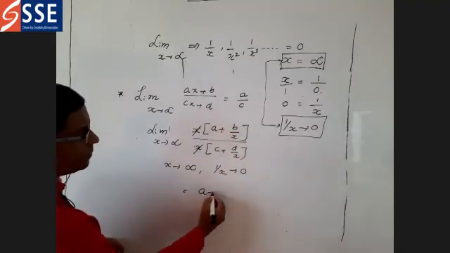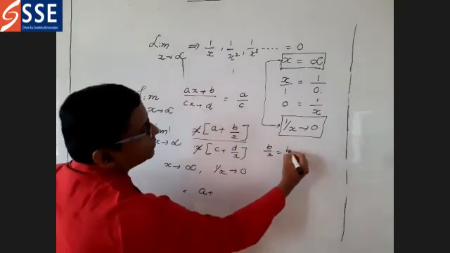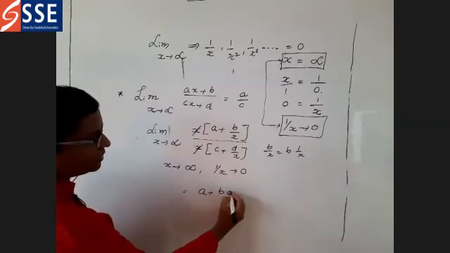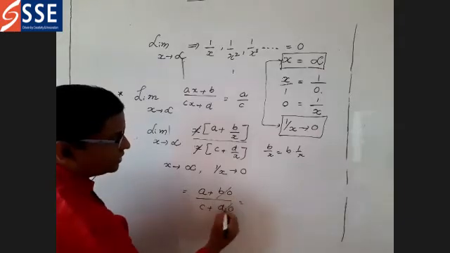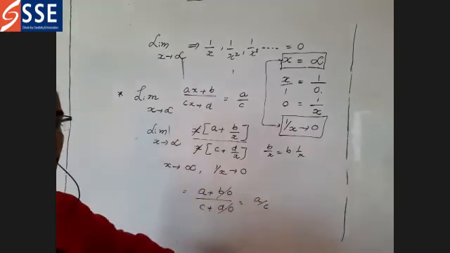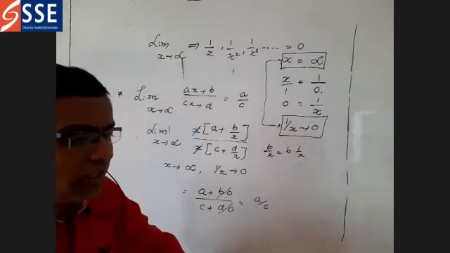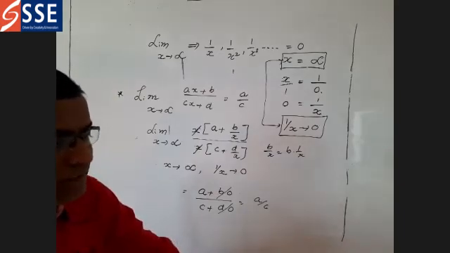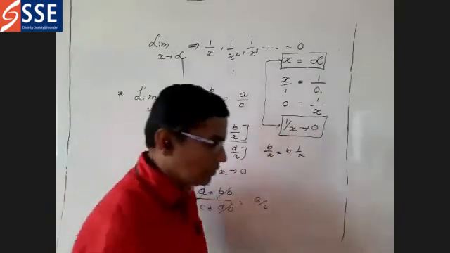A plus b into 1 by x, so b into 0, divided by c plus d into 0. Both are zeros, so the answer is a by c. Are you clear? Like this you are going to do the problem: x tends to infinity is the same as 1 by x tends to 0.